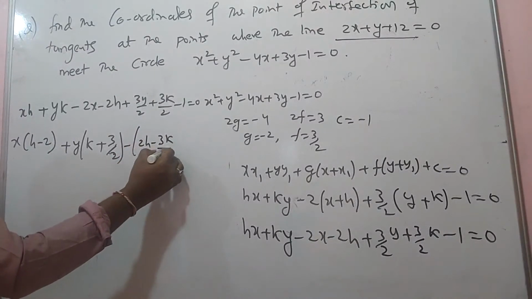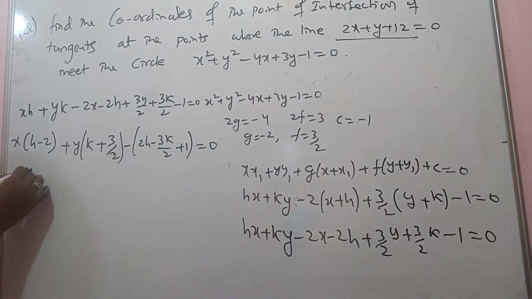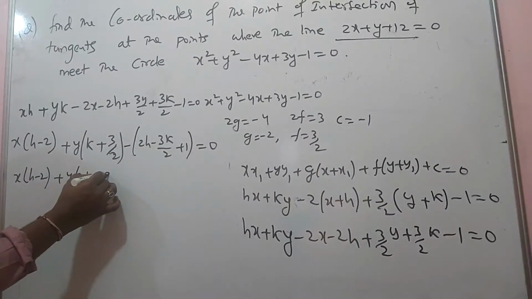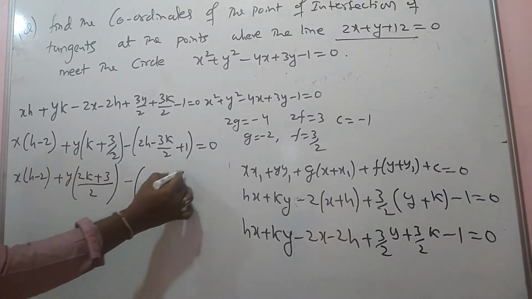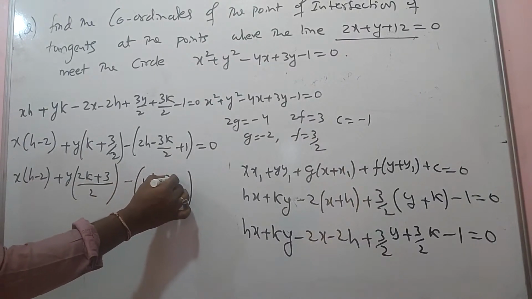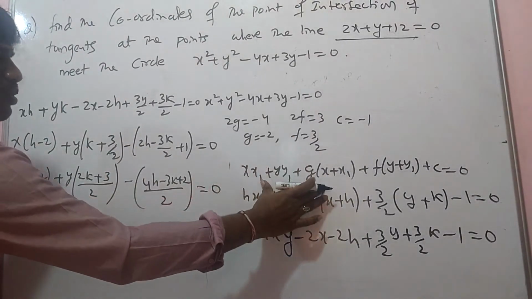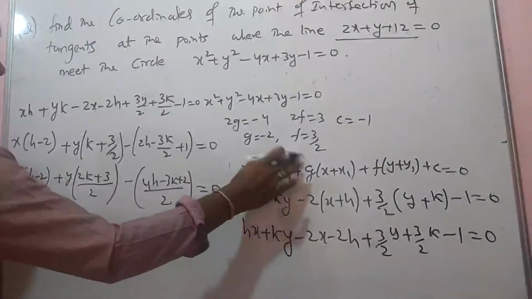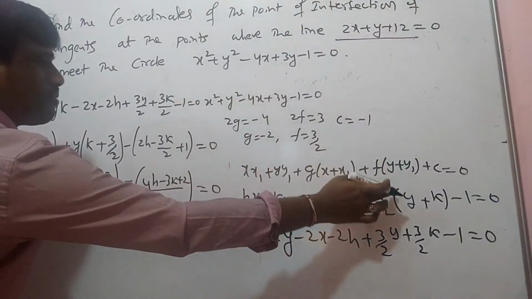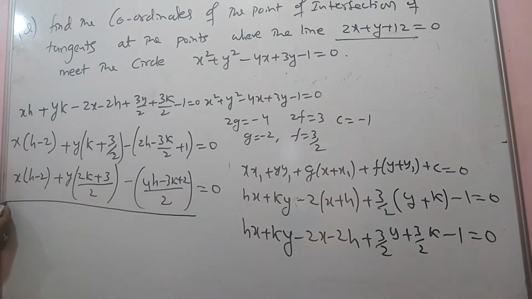So you got x into h minus 2 plus y into, you can write, 2k plus 3 upon 2, minus, taking LCM 2, 4h minus 3k plus 2 is equal to 0. This is the formula. We substituted in place of x1, y1, g, f and c, and we simplified. And you got finally this chord of contact.